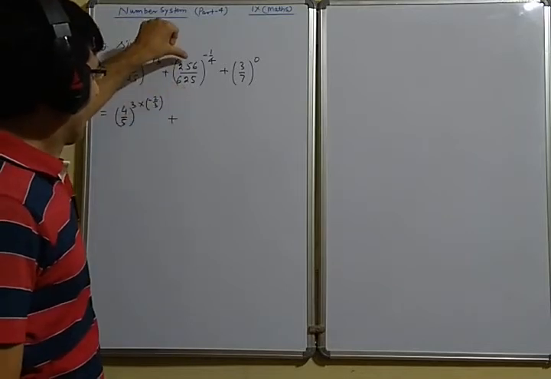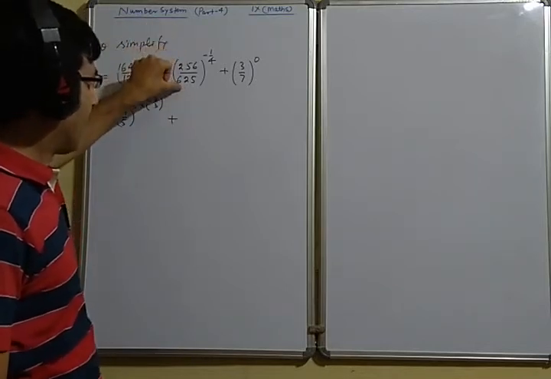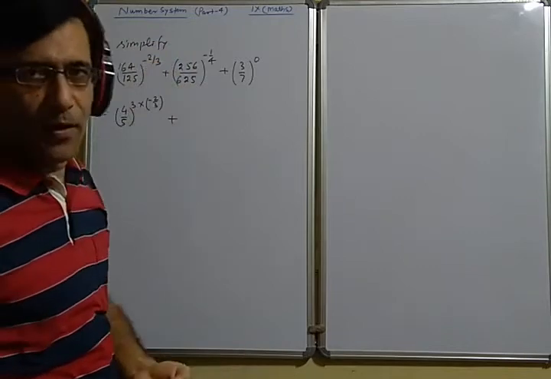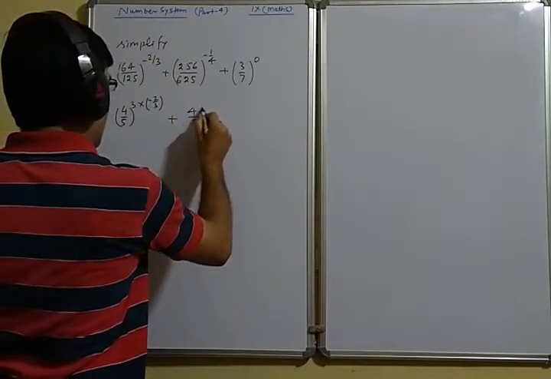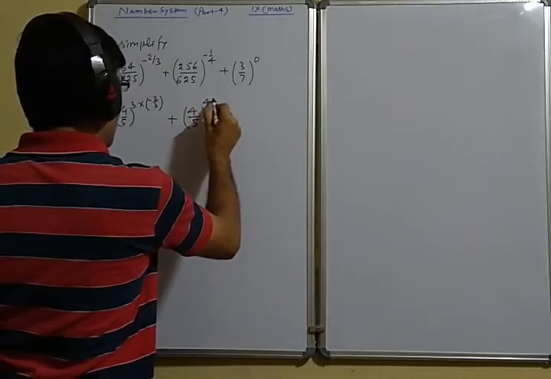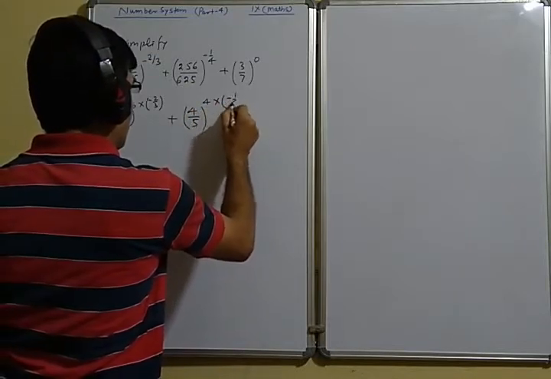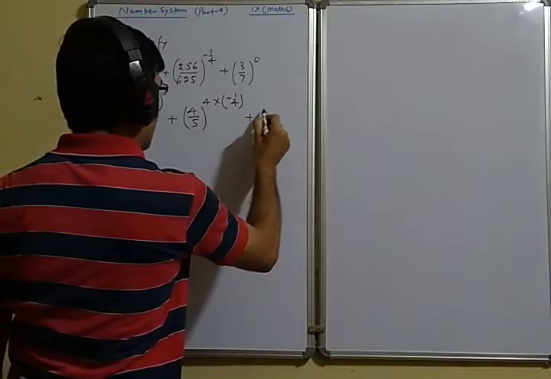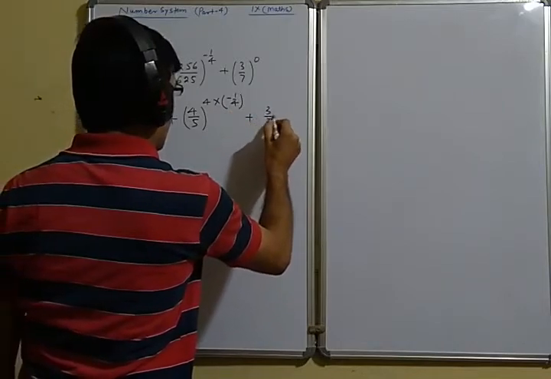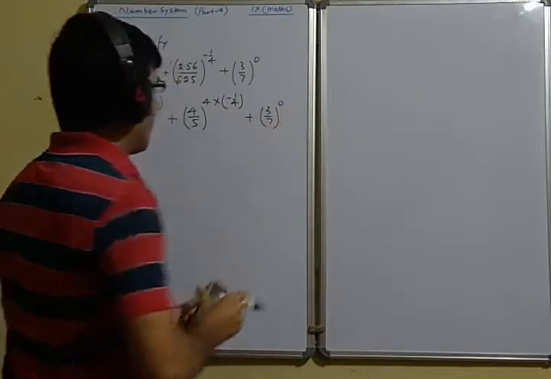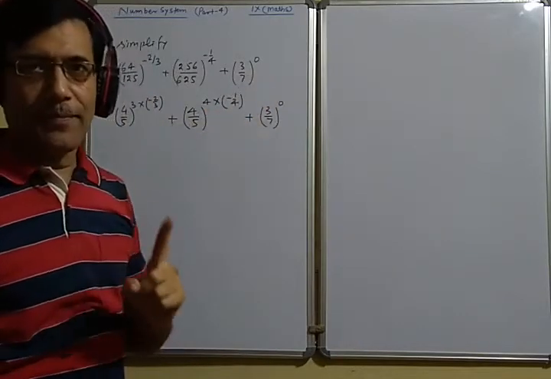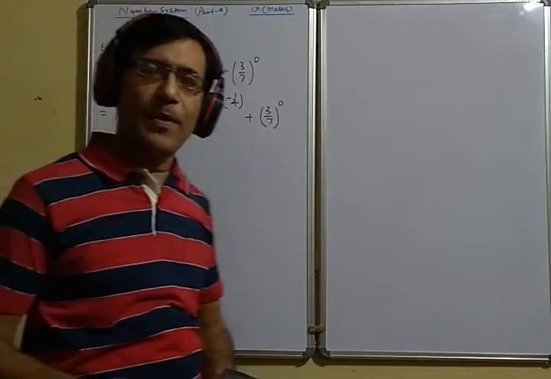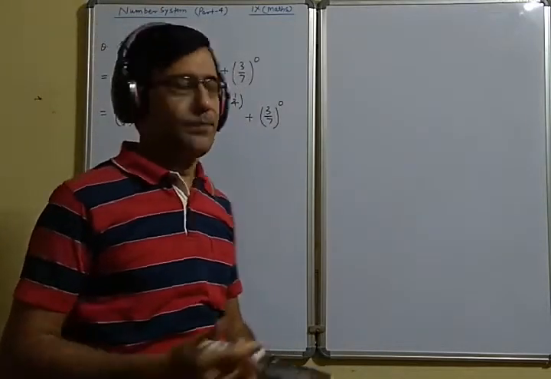This is 4 divided by 5 whole raised to power 4. So we can write it as 4 divided by 5 whole raised to power 4 multiplied by minus 1 by 4. And last, 3 by 7 raised to power 0 becomes 1, as A raised to power 0 becomes 1.